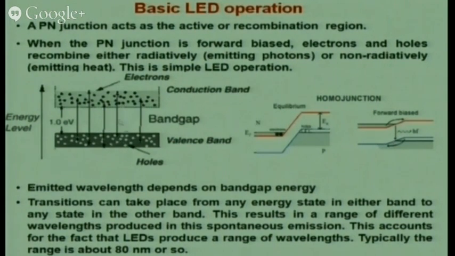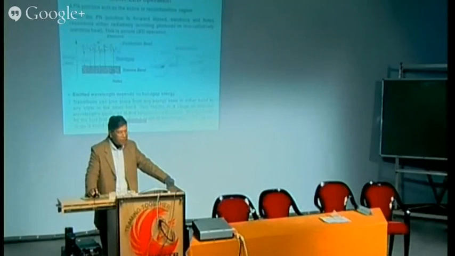During the recombination process, they emit light output. This light output is based on the band gap energy of the particular material, so based on the band gap it emits a particular wavelength. By changing the band gap, that is, by choosing different materials, we can select the wavelength emitted by the LED.